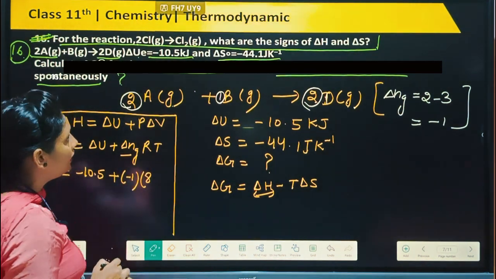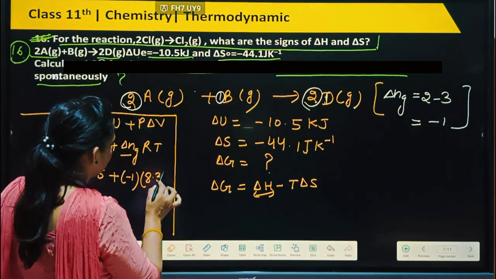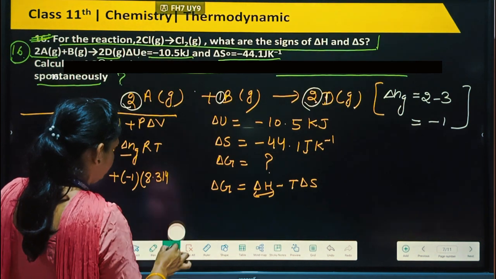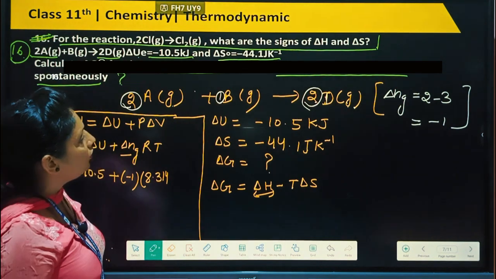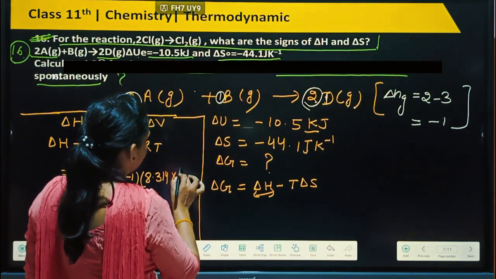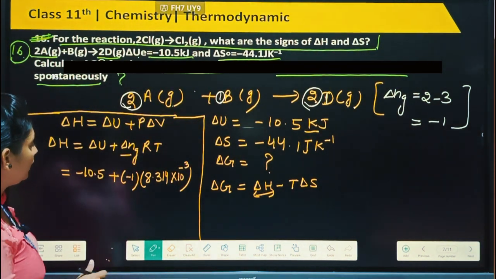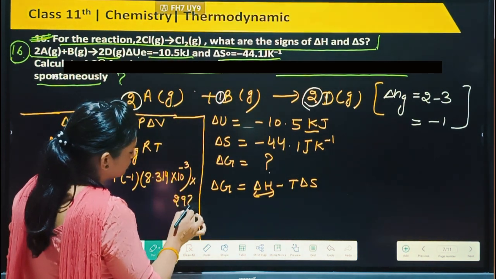Students, here it is given in kilojoule, so you can take the value of R also in kilojoule: into 10 raised to power minus 3 kilojoule per Kelvin, times temperature. Temperature you don't know, so you can take standard temperature.